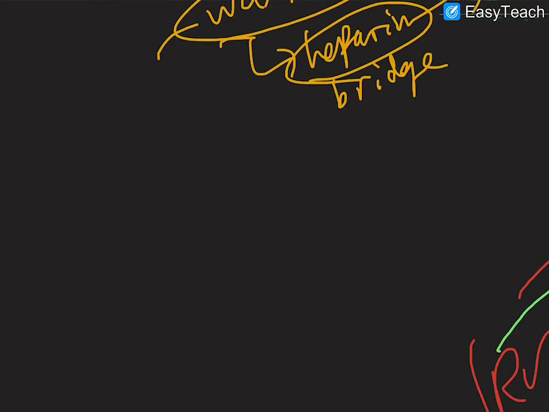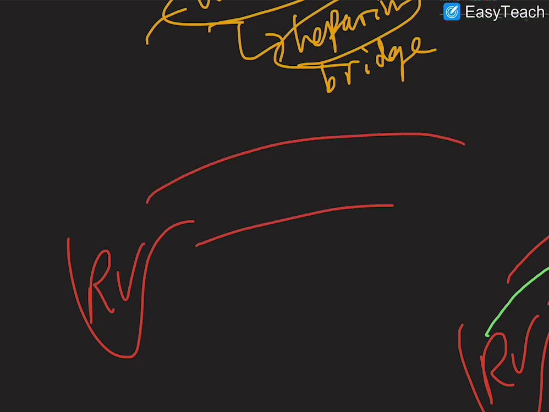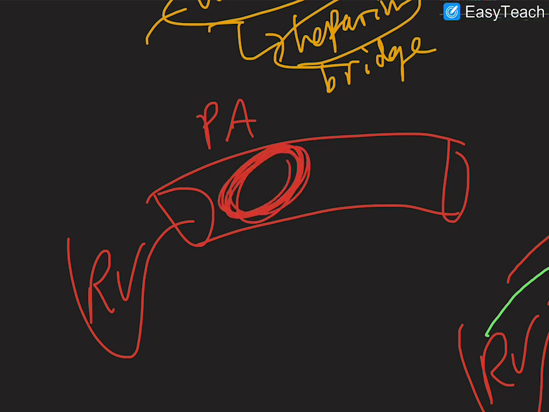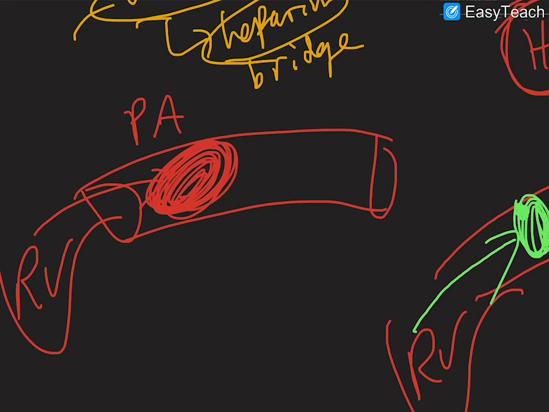But what if you have a massive pulmonary embolism, like we talked about? If you have your right ventricle here, then your pulmonary artery here, and you have a massive pulmonary embolism completely blocking off blood flow, no blood flow is making it through your pulmonary capillaries and veins.